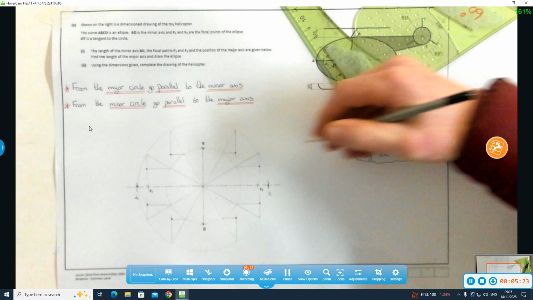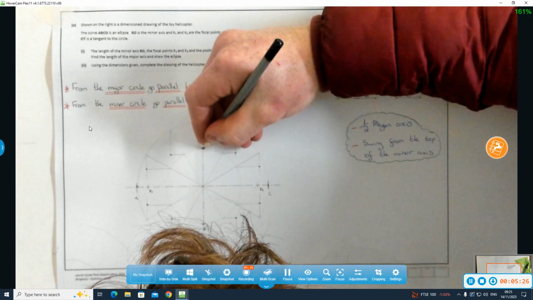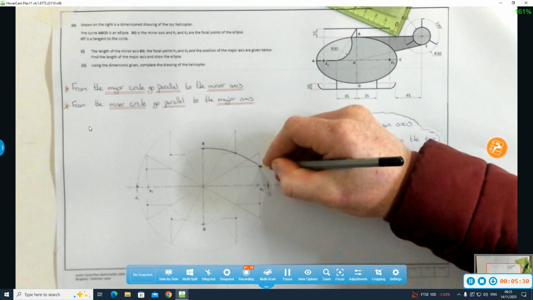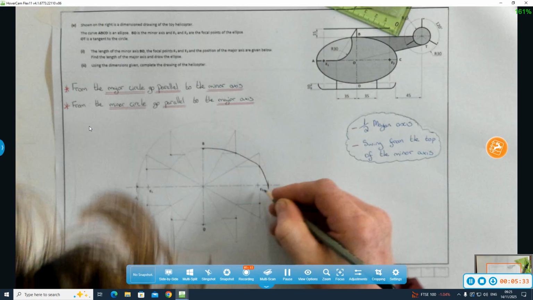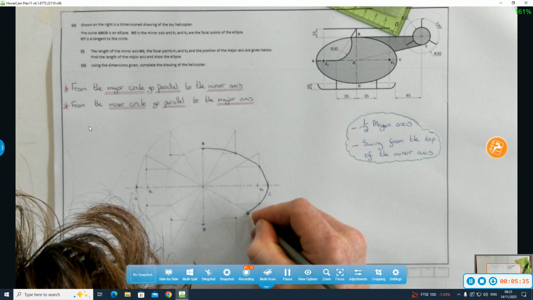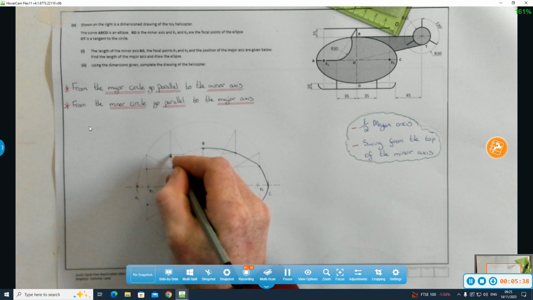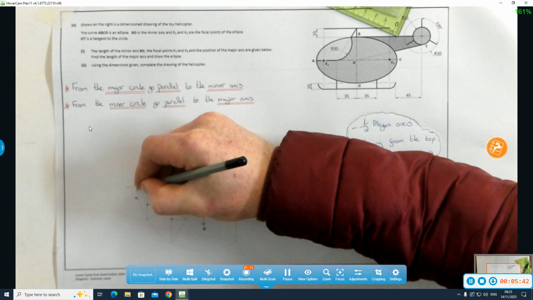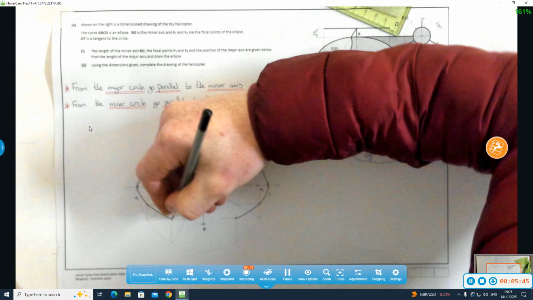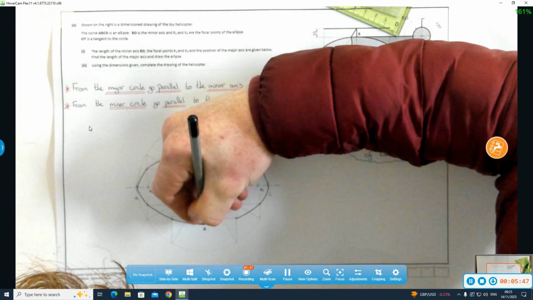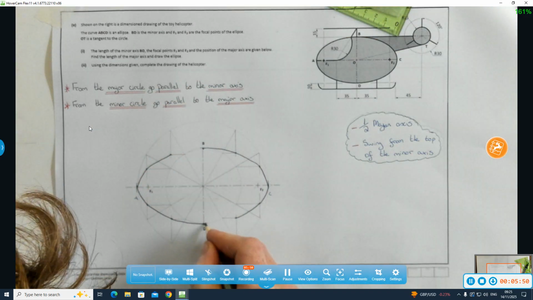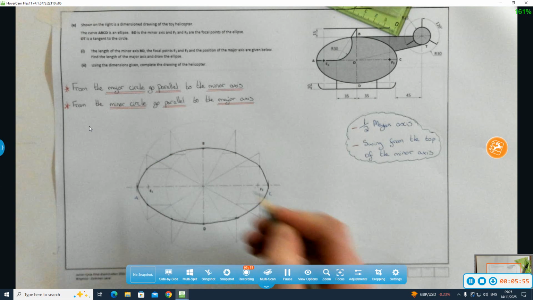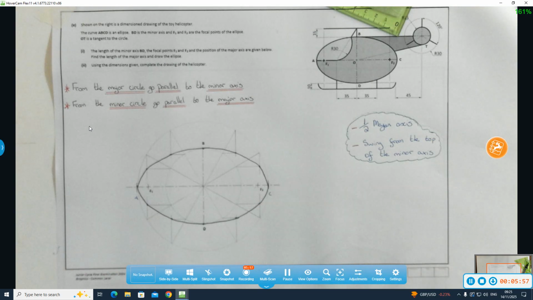So we can just freehand in our ellipse once we get to that stage. So that's our ellipse drawn, that's the first part.